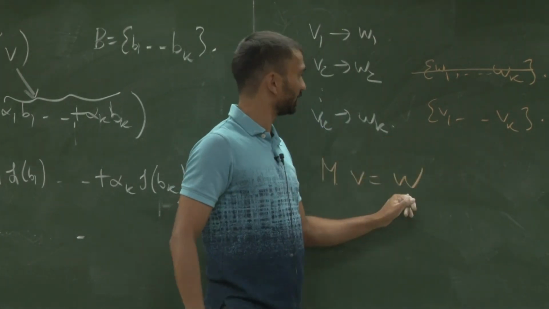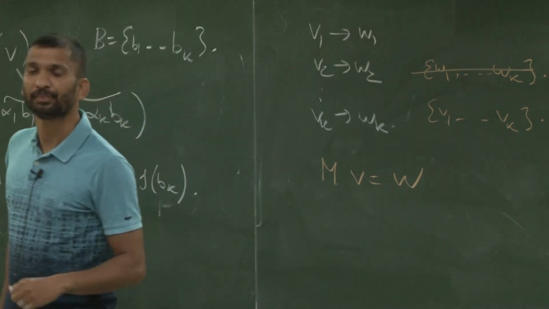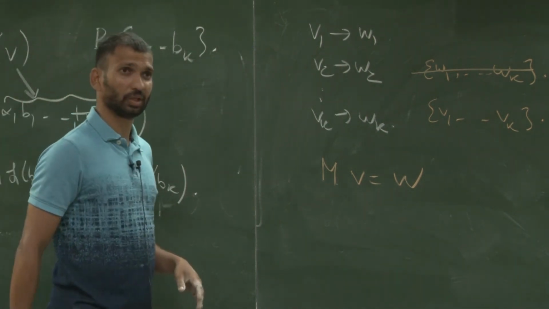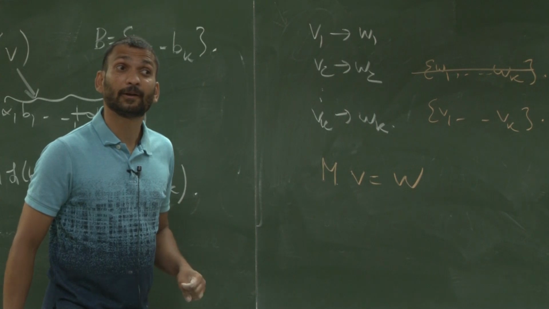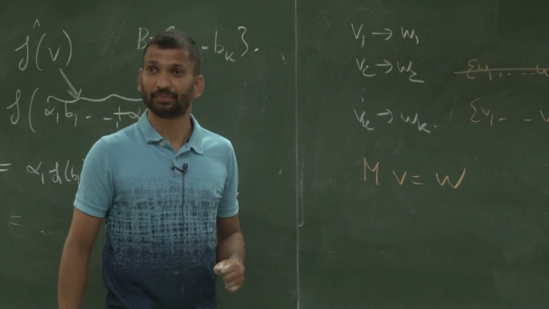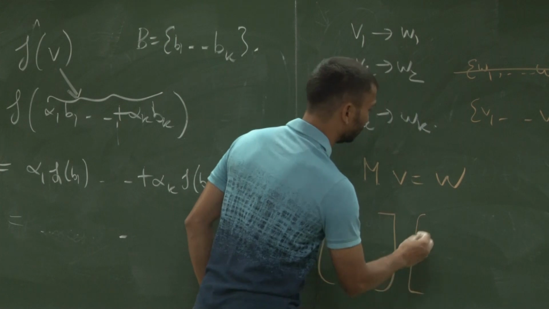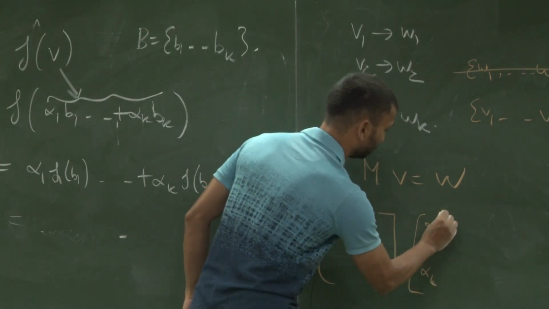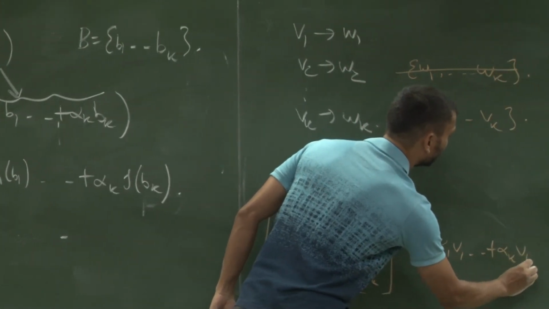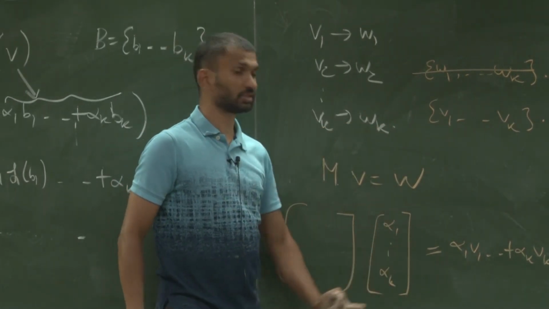And I should get the corresponding W. What is M? What are the entries of M? So here I will give alpha 1 to alpha k, and when I say that my matrix is written in this basis, this is what I mean.